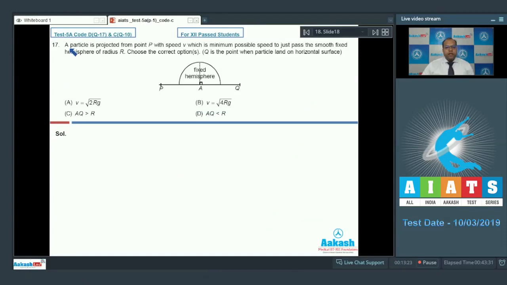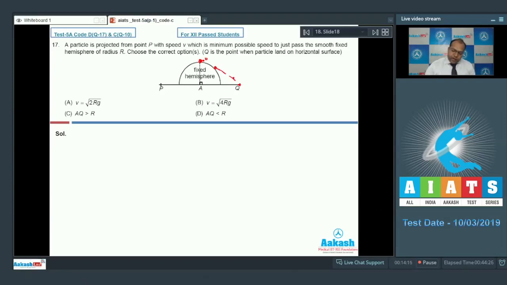In question number 17, a particle is projected from point P with a speed v, which is the minimum possible speed to just pass through the smooth fixed hemisphere of radius r. Choose the correct options. Q is the point where the particle lands on the horizontal surface. Suppose the particle is projected from here, from the top of the hemisphere with a negligible speed, that is 0 speed, then it moves on the smooth hemisphere, and at this point it loses contact with the hemisphere, and suppose it lands on the point Q on the ground.